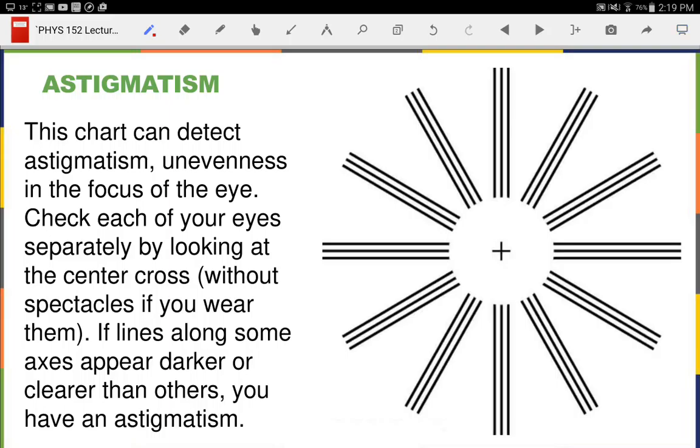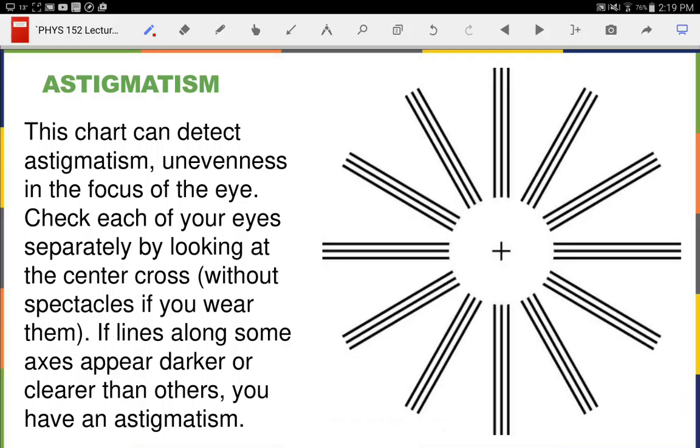So since I see the horizontal lines as darker, that means that my eyeball is focusing the light horizontally better and not focusing as well vertically, so the light's getting spread out more and it looks fainter in the other direction. I think I said that right. So I have vertical, horizontal for my orientation for my slight astigmatism. And of course your eyes can be different. So that's what astigmatism is, it's an asymmetry in the eyeball.